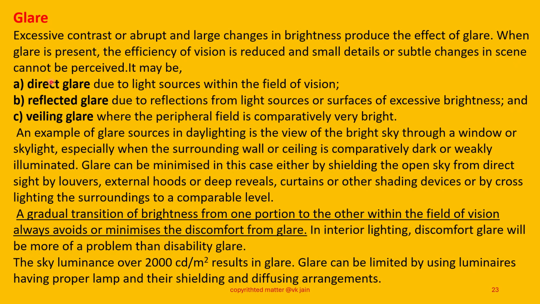It may be a direct glare due to light sources within the field of vision. It may be reflective glare due to reflection from light sources or surfaces of excessive brightness, and it may be veiling glare where the peripheral field is comparatively very bright.